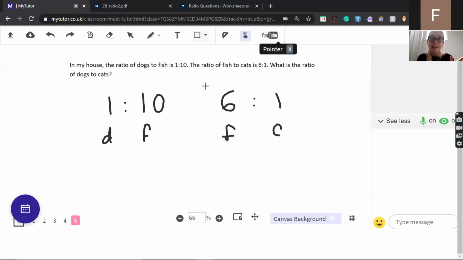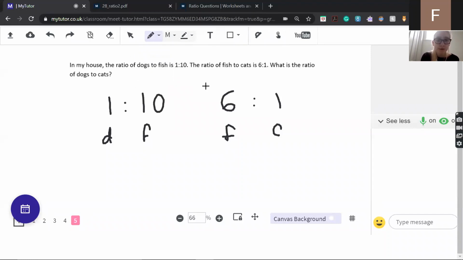So if we can make these the same number by manipulating these individual ratios, we can smush them together and make it just one ratio with 3 things in it. So we want to find something that's divisible by both 10 and 6. So I'm going to choose 30, right? I'll make these both equal to 30, and then we can smush them together.